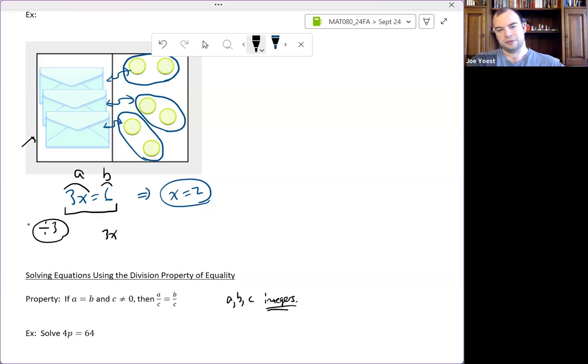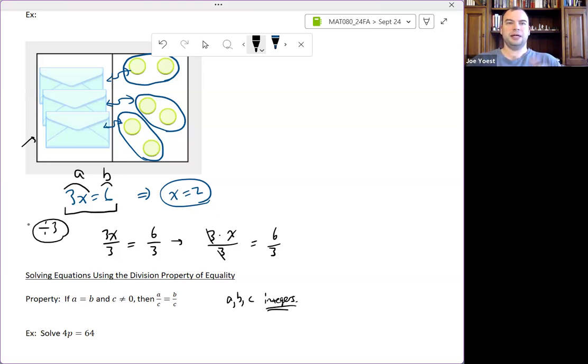So I have 3x divided by 3 is equal to 6 divided by 3 by our division property of equality. But really, this is just 3 times x divided by 3. And on the right-hand side, I have 6 divided by 3. If I have 3 times x divided by 3, that's just x, right?